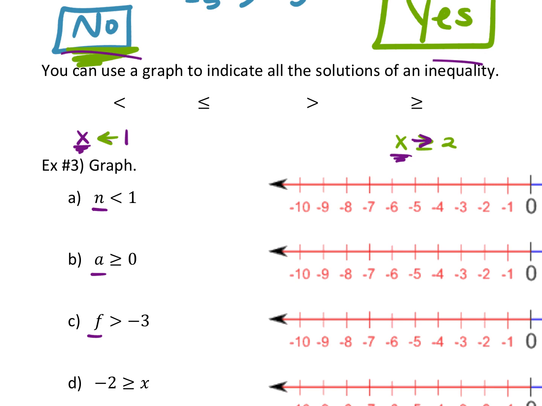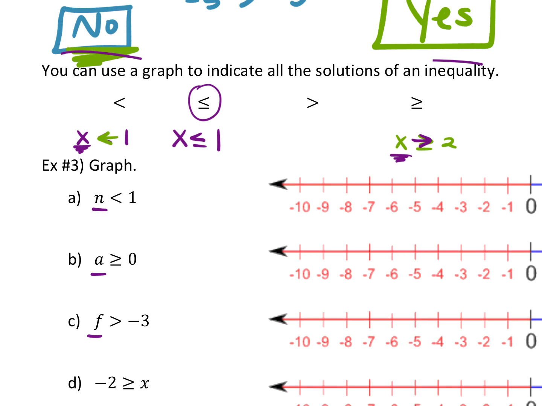The other thing to look out for is based on if it has the equal to bar or not, you will either do an open dot or a closed dot on your graph. When it has the equal to bar, so if I said x is less than or equal to 1, is 1 a solution? Yes, because it's less than or equal to 1, right?